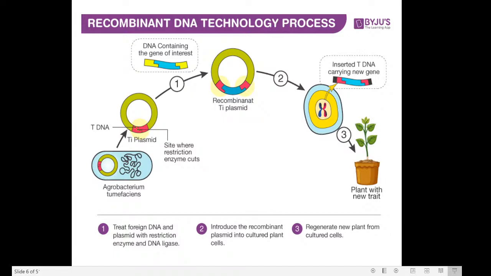It's a recombination process, so the plant specifically possesses some specific character. The inserted gene is responsible for that specific character.